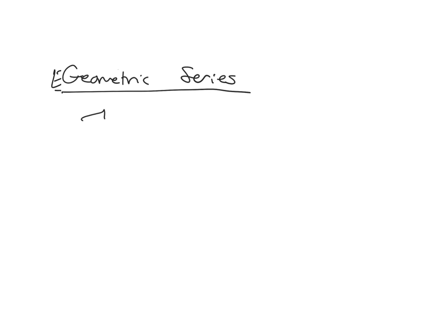First by reminding you the format of a geometric series. So remember that when I write the series as a sum, it should look like a r to the n minus 1.